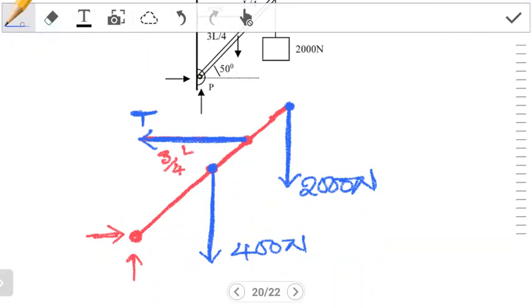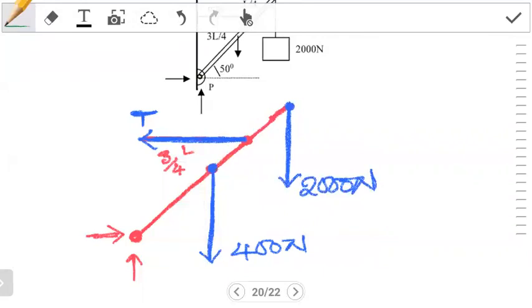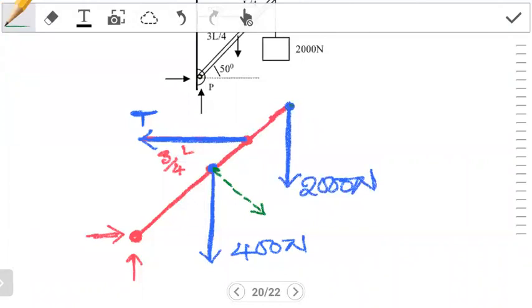So we're going to get the components of each force that are perpendicular to this distance. In this case, it's going to be this one. For this force, all we need is the perpendicular component. And for the tension that we're interested in, perpendicular is going to look like that. Again, the rest of this is now just resolving vectors.